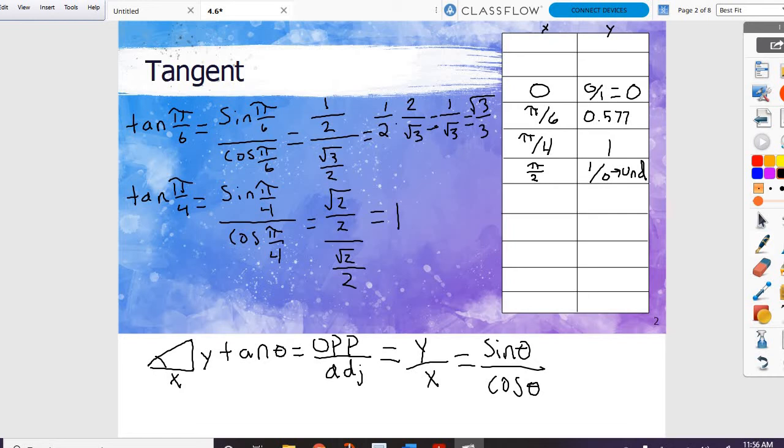So what angle in our second quadrant has a reference angle of pi over 4? Not quite. Remember, it's 1 less than our denominator. So it's 3 pi over 4.